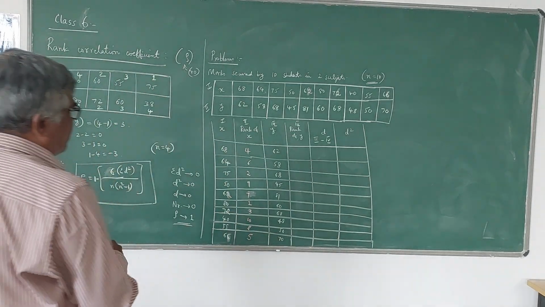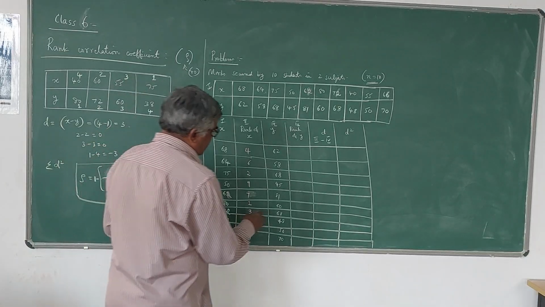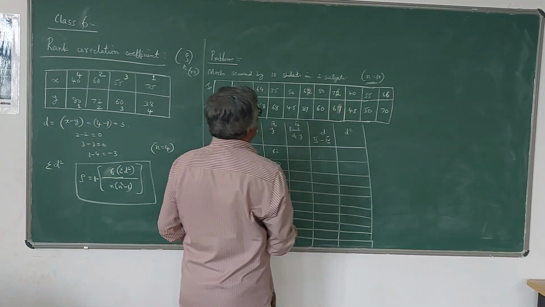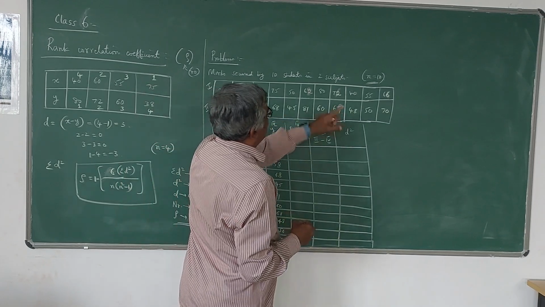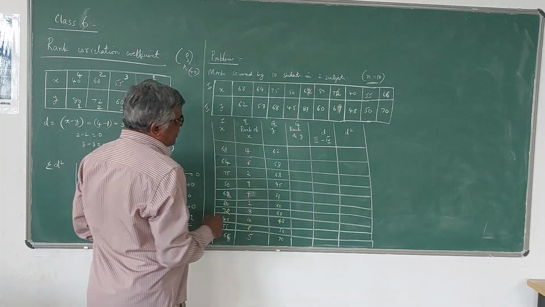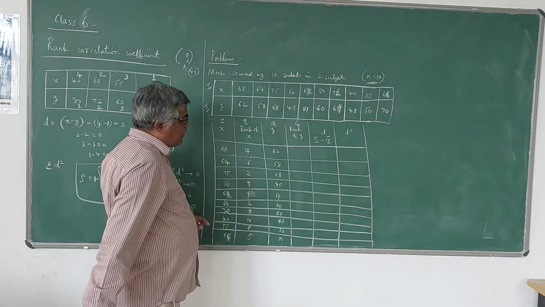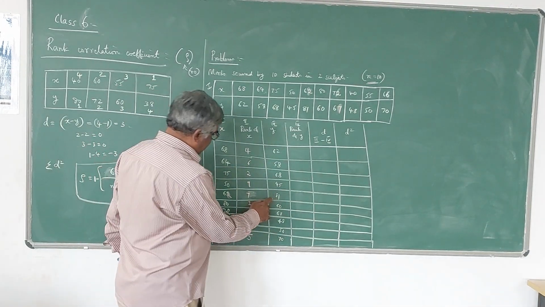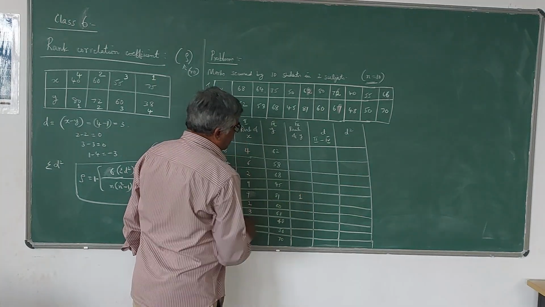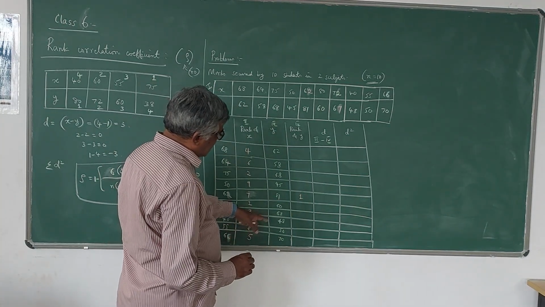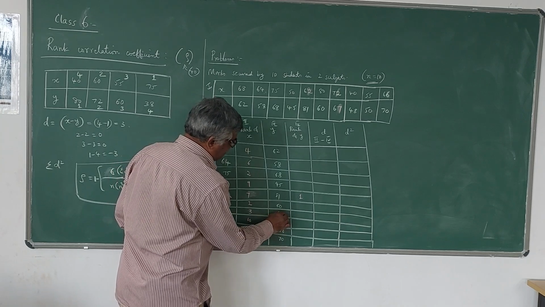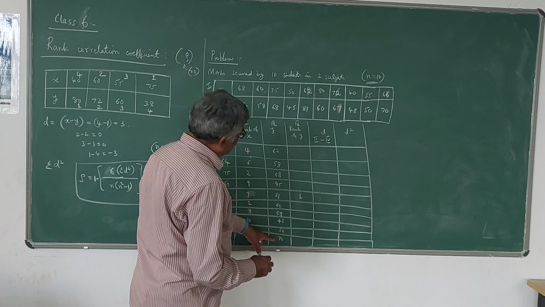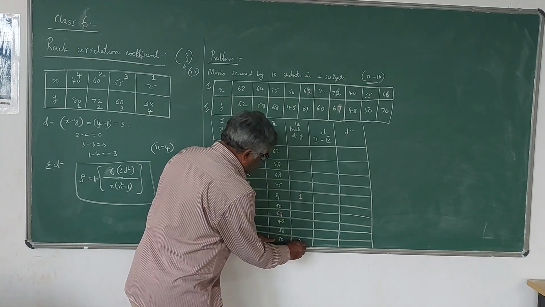Then the second set of data. Here also 68 is repeated, so let me take this as 67. Is any other value repeated? No. Now for the values of y, we have to assign the ranks once again. The highest value is 81 here, so that becomes 1. Then the second highest is 70, this becomes 2.